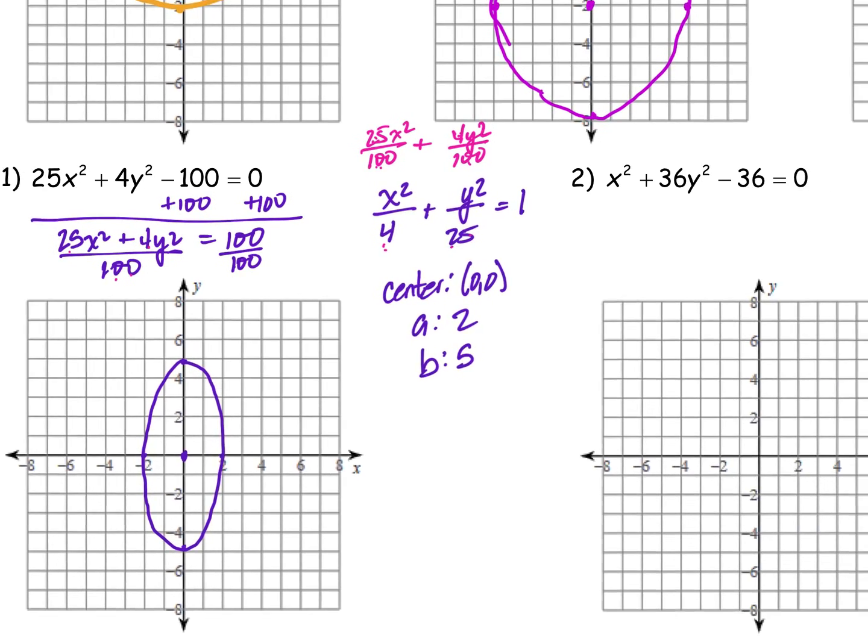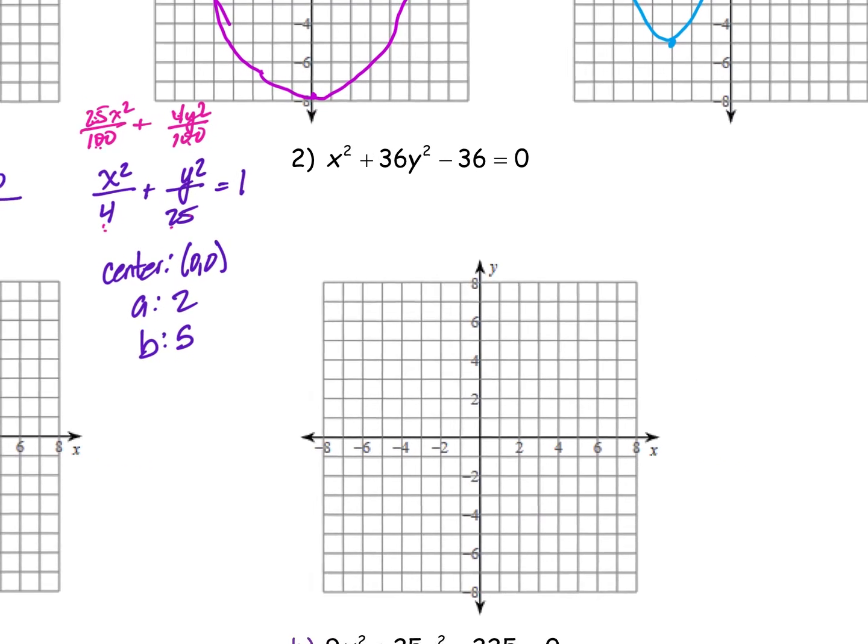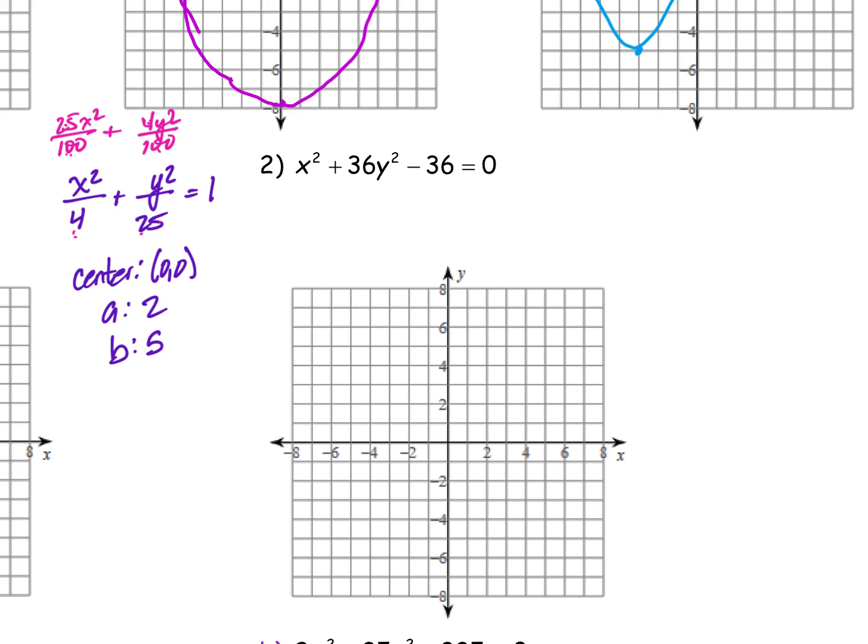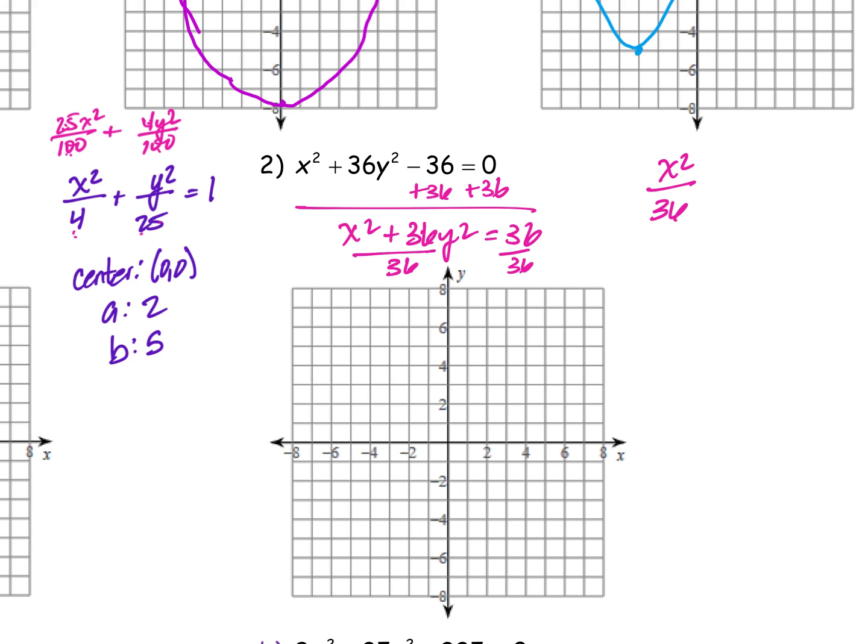Okay. So we're going to do the exact same thing on this one. I'm going to add 36 to both sides. So I've got x squared plus 36y squared equals 36. And I'm going to divide by 36. So that gives me x squared divided by 36 plus y squared equals 1.